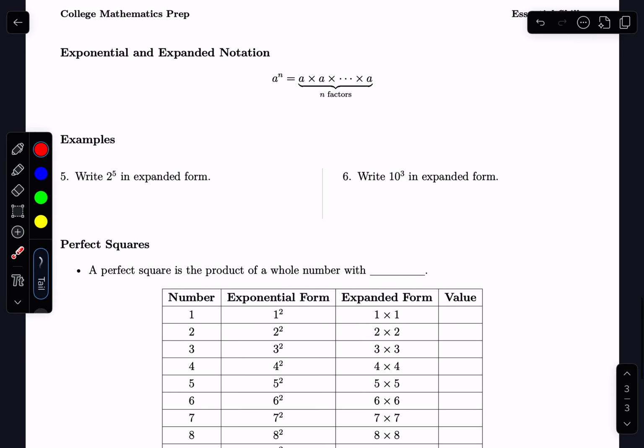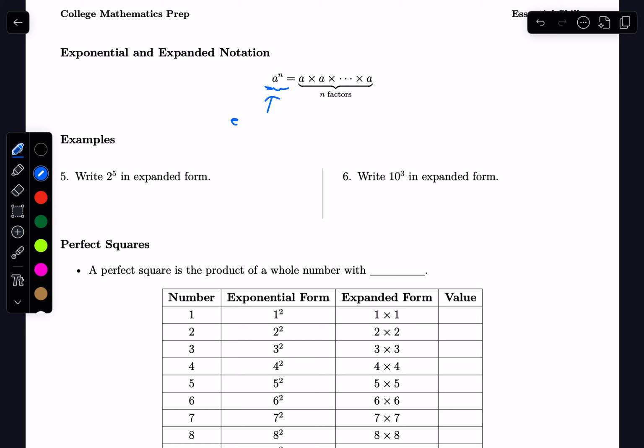We want to go through real quick exponential and expanded notation. So we have these things called exponents that make our lives a little bit more convenient. Essentially, when we have a whole bunch of the same number being multiplied, we want to write it in a much quicker way. So what we have here is 2 forms. We have the left where it says a to the power n.